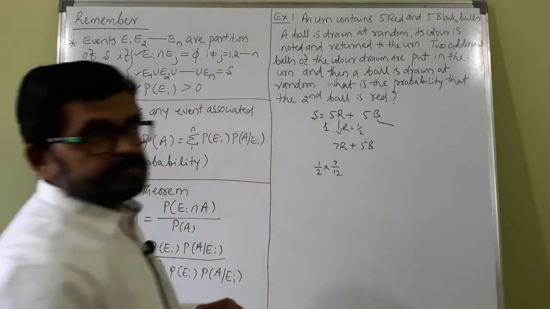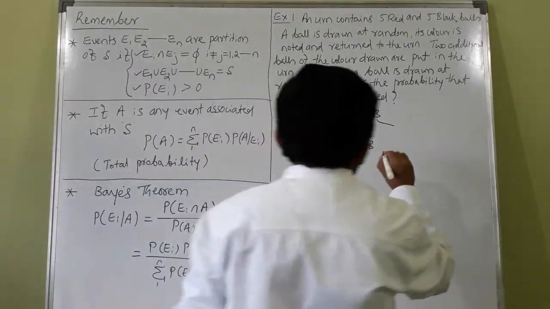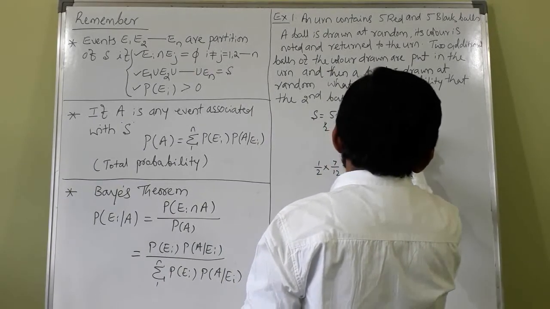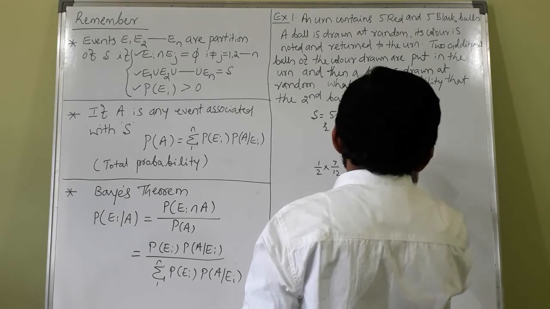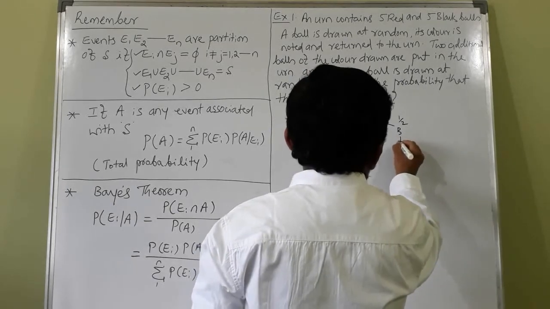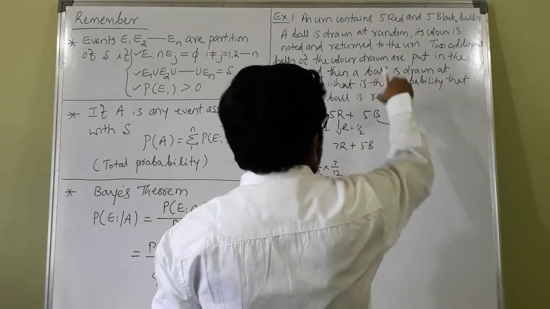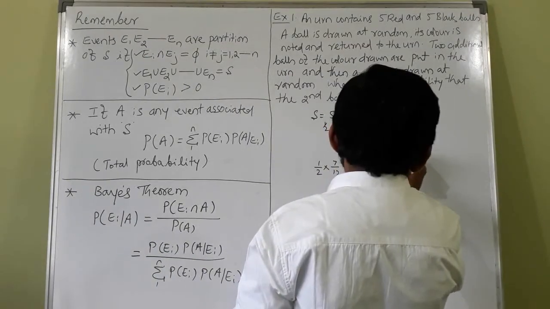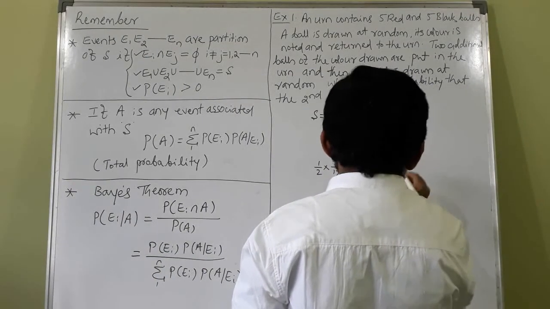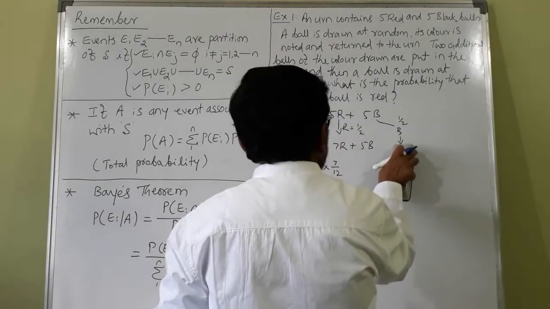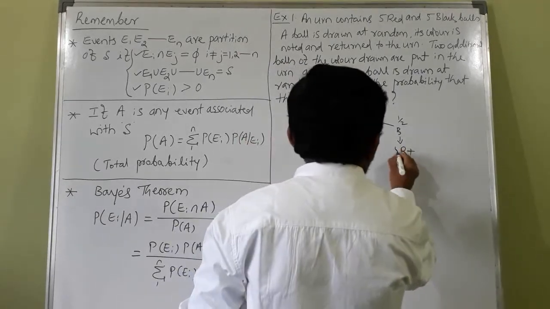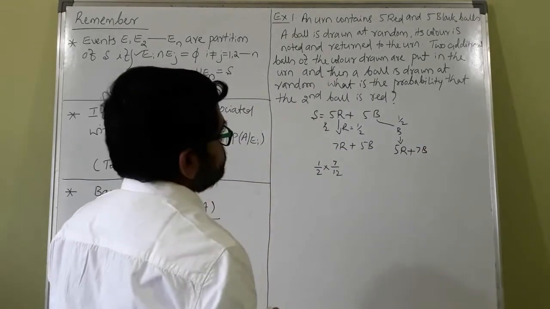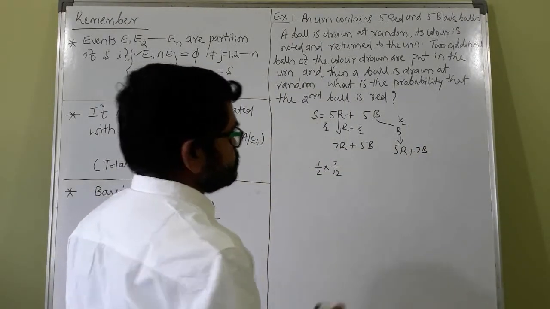If the first ball drawn is black, what is the probability? This is again half here. And for the second draw, you are going to add two black balls. That means the 5 red remains as it is, it will not change, and there are 7 black balls.